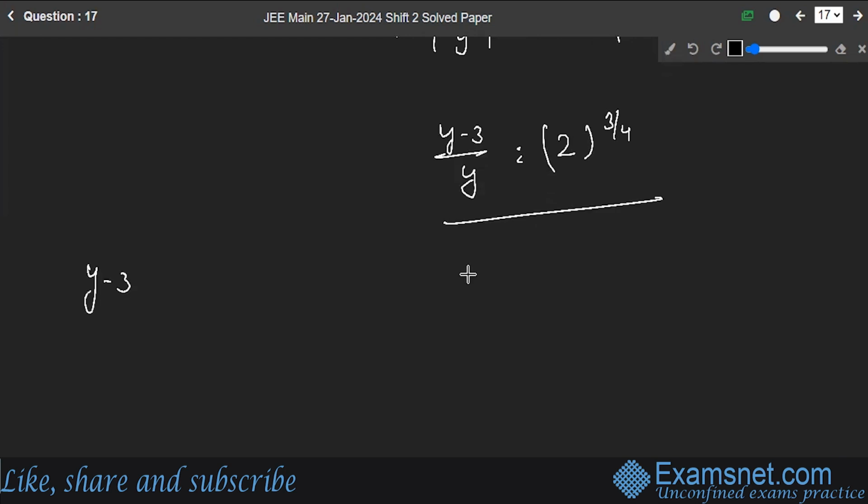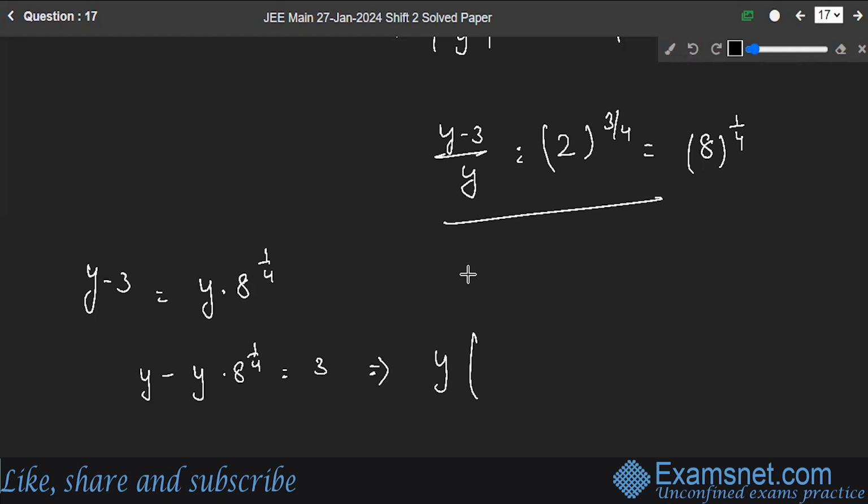This is y minus 3, that's equal to 8 power 1/4 into y. Let's bring this over here: y minus y into 8 power 1/4 is equal to 3, or I'm taking y common, this is 8.